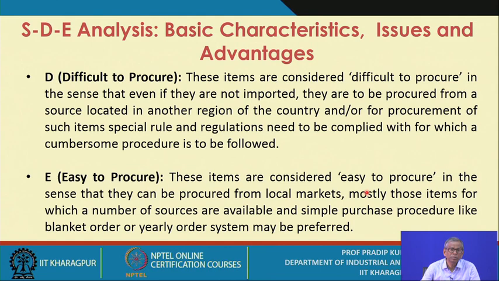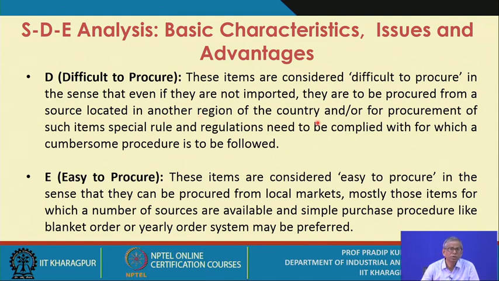Next, the category of item is the D, or the difficult to procure. Now these items are considered difficult to procure in the sense that even if they are not imported, they are to be procured from a source located in another region of the country.